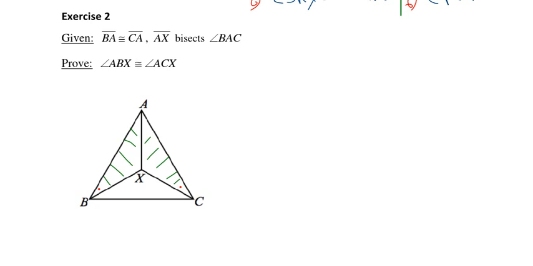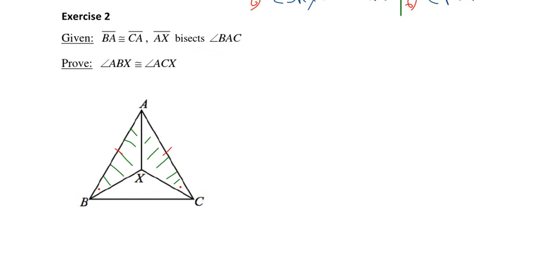And we're given that BA is congruent to CA. So you don't have to identify from the vertex angle. It's already given to you in this case. So it's BA congruent to CA.